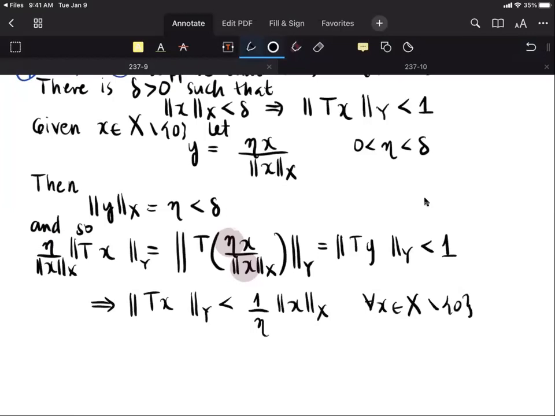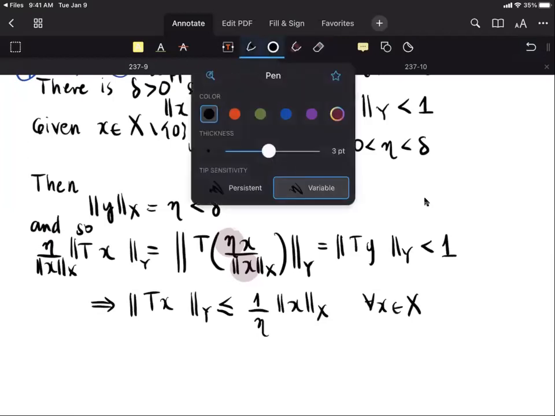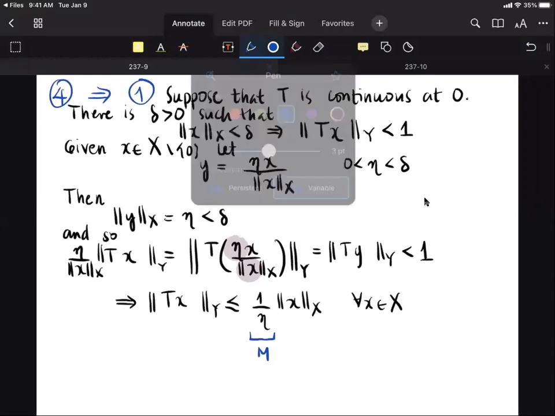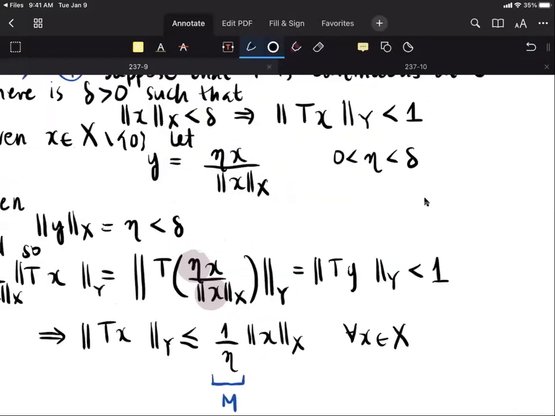If we include 0 here, then we need to put the equality because both sides would be equal to 0. Okay, so now you can choose M to be the reciprocal of eta. And this implies that T is bounded.